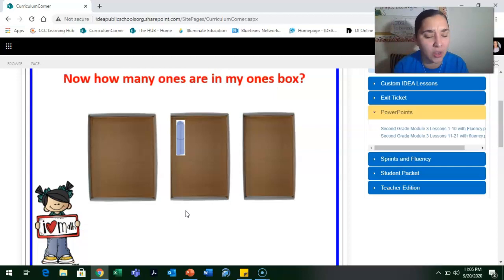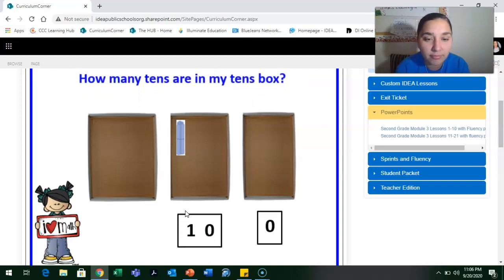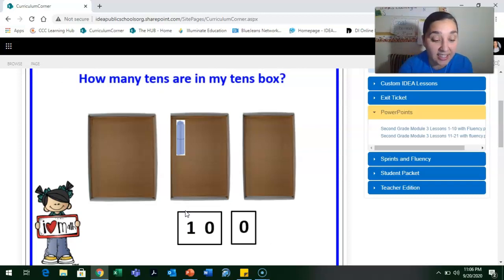Now, how many ones are in my box? Yes, 0 ones. How many tens are in my box? Yes, 1 ten. And look, 1 ten and 0 ones makes the number 10, boys and girls.